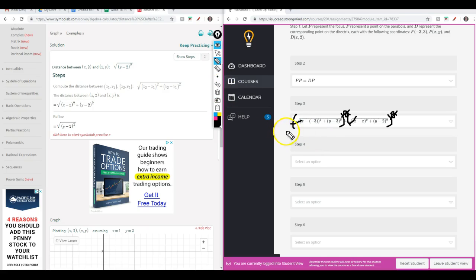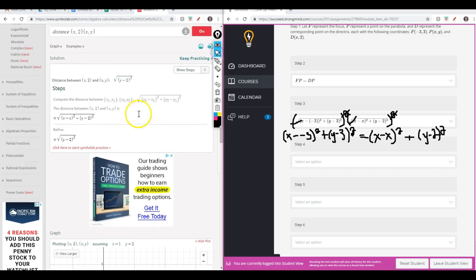So you would just be left with (x minus negative 3) squared plus (y minus 3) squared, and that's going to equal (x minus x) squared plus (y minus 2) squared.